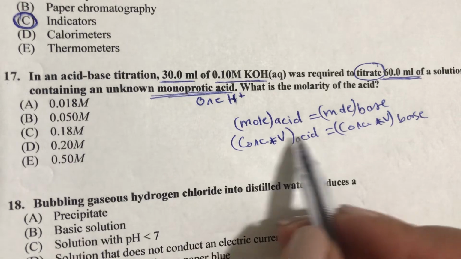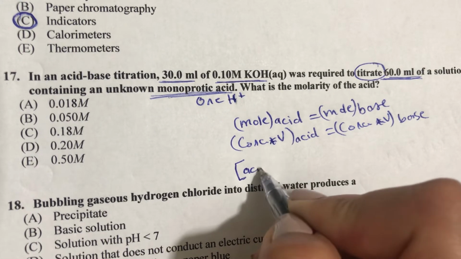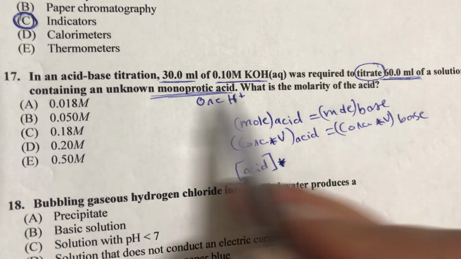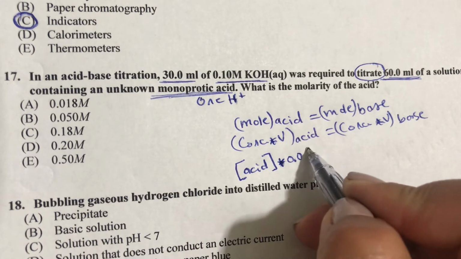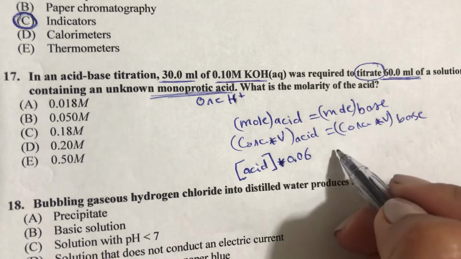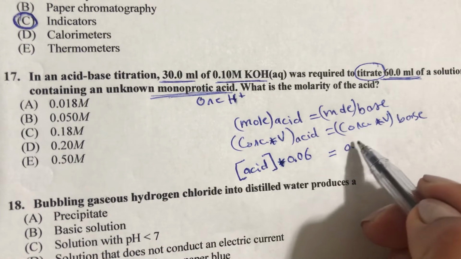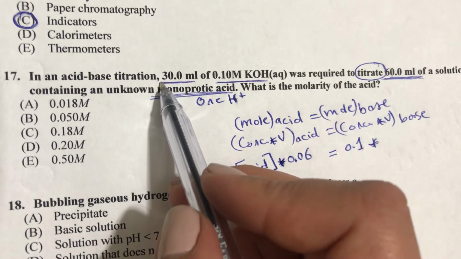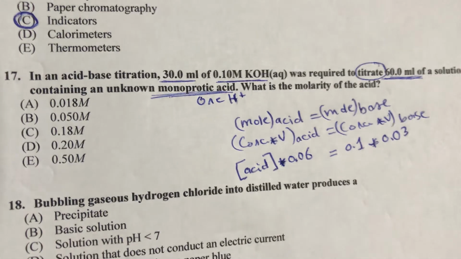So the concentration of acid, you have to calculate it. Concentration of acid times the volume of acid, 60 ml, 0.06, you have to convert it to liter, equal concentration of base, 0.1, times volume of base, 30 ml, converted to liter, 0.03.